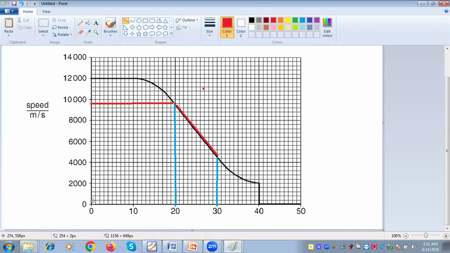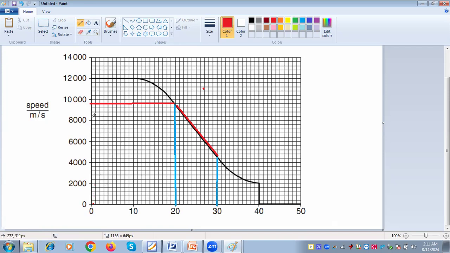What is one small division equal to? There are five divisions for 2000. Let me check: one, two, three, four, five. Yes, five divisions are 2000. So one division is 2000 divided by five, that is 400.